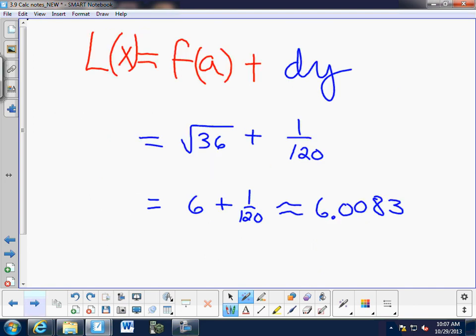Now, go back to the rest of the equation. What I just found was this guy. Now I've got to go back to the rest of the linearization. f of a is 6, add 1/120 to that.